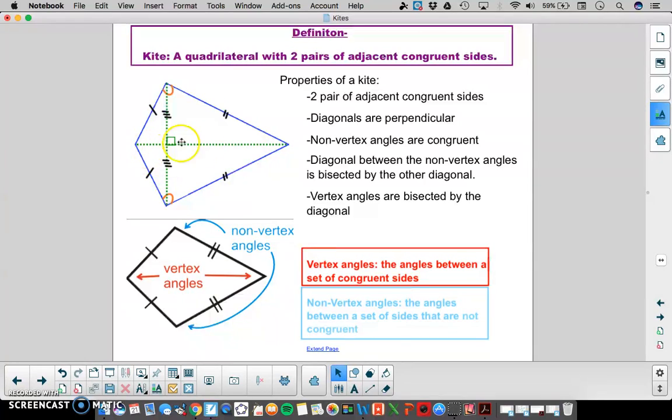So this dotted line here bisects this vertex angle to form two congruent angles here. This diagonal also bisects this vertex angle down here and creates those two congruent angles. Now we're going to use the properties of kites to solve some problems.